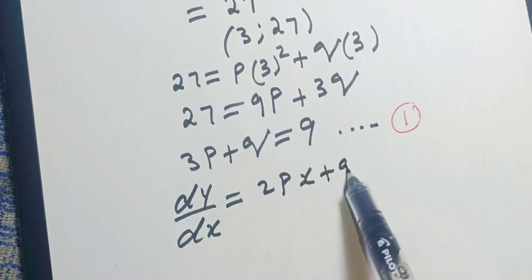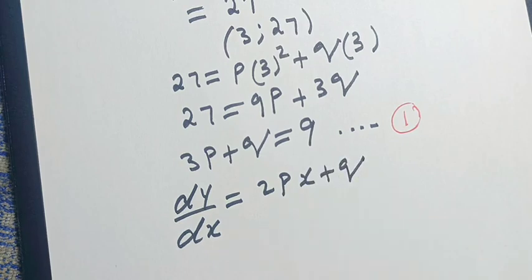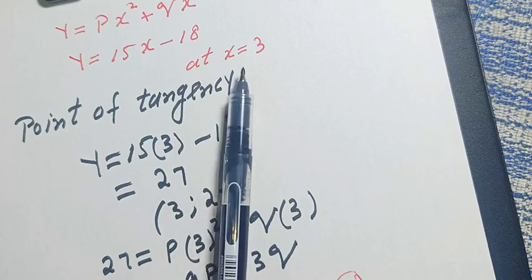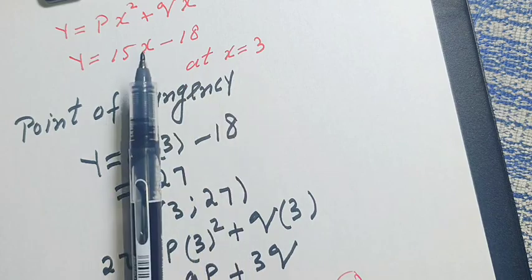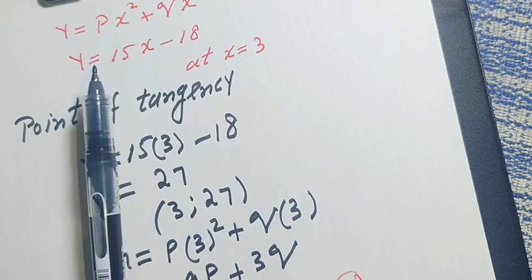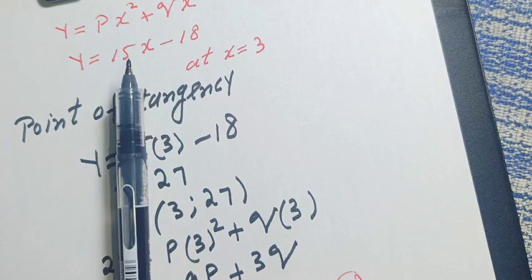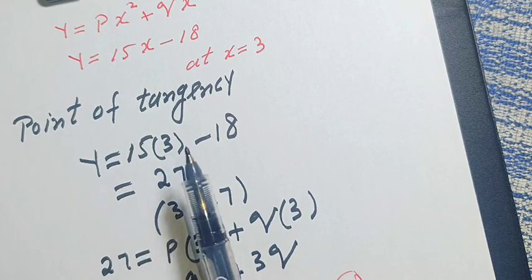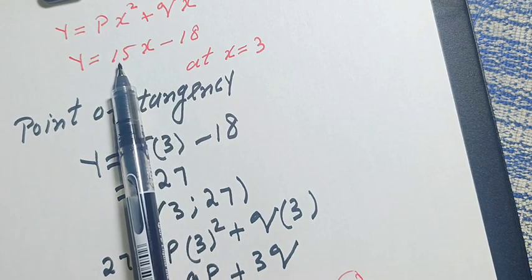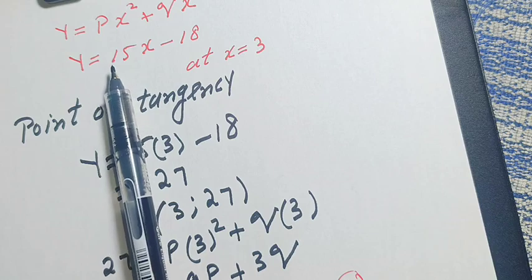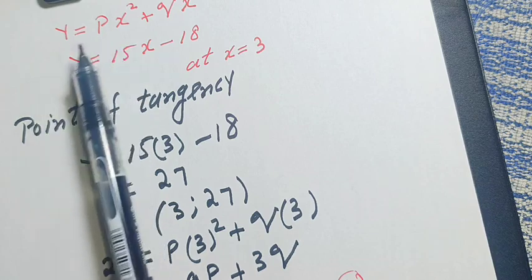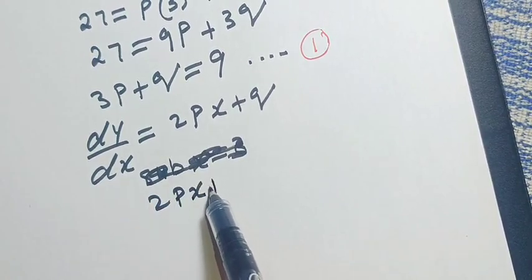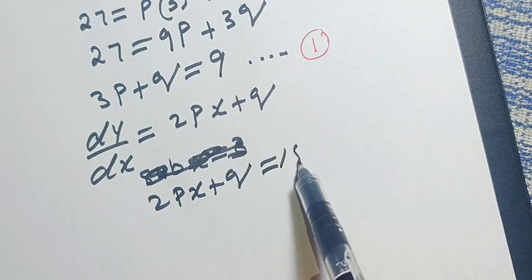Now we have the x value, so we must remember that at x equal to 3, at this point the derivative of the graph and the gradient of the tangent line are equal. So now I need to equate. The gradient is 15, so I'm going to equate the gradient with the derivative. So now 2px plus q is equal to 15.